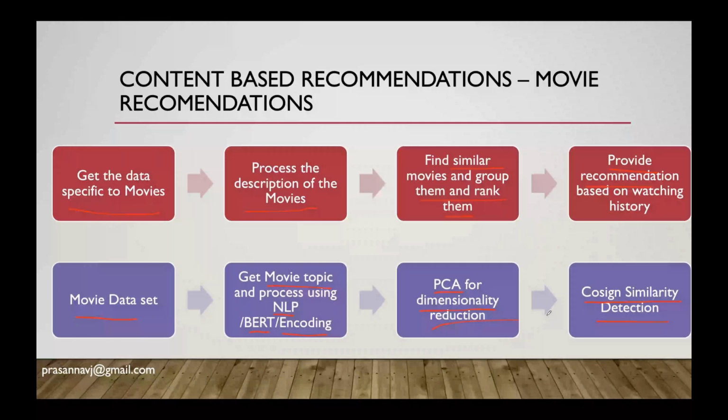Okay, I hope this is clear in terms of how you get the data for a content based recommender system, and process the data description using NLP. And once you are done with that, you create an encoding of that. And once the encoding is done, you apply a principal component analysis for reducing the dimensionality, because you have a lot of junk words there.